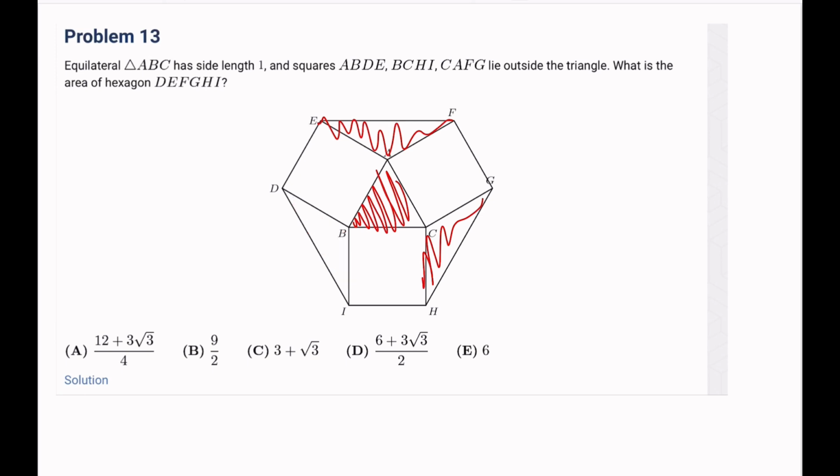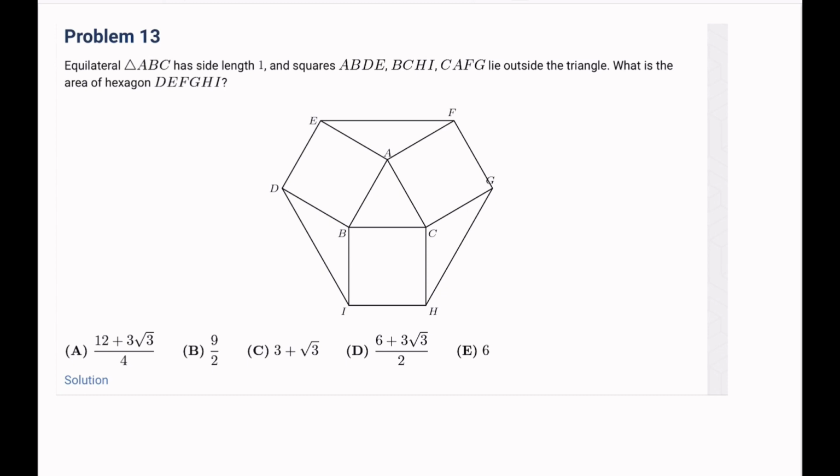Because if you cut them like this, like this, like this, and like this, you see that all of these triangles are the same, right? And so what we just have to do is find the area of this one equilateral triangle.